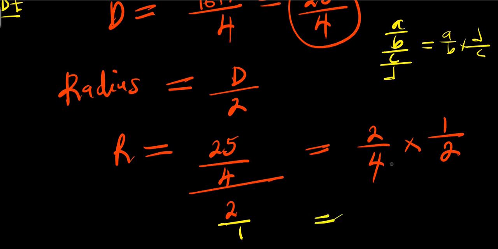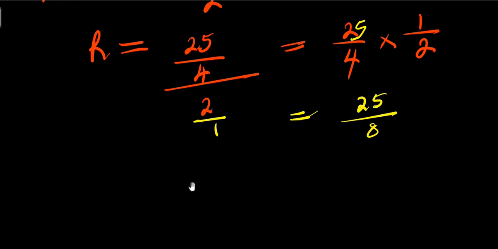So this is 25 times 1, this is 25 divided by 8. So this becomes our radius. If you have 25 divided by 8, you have 3.125 units.